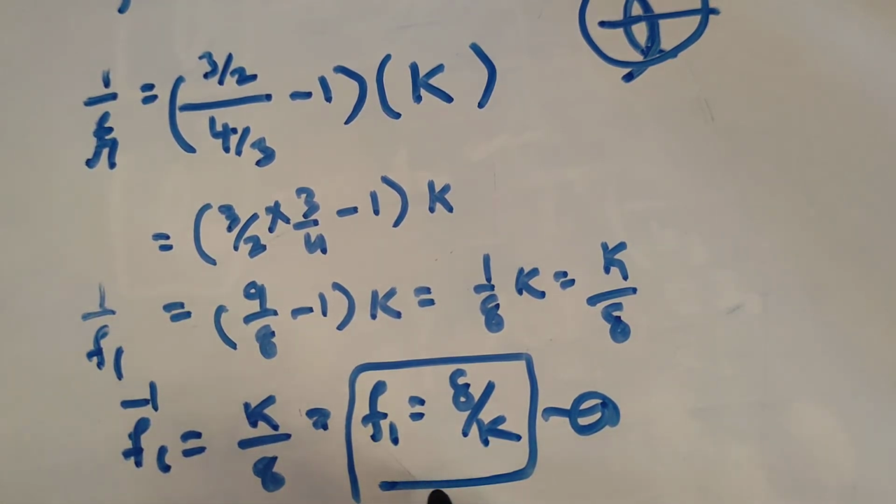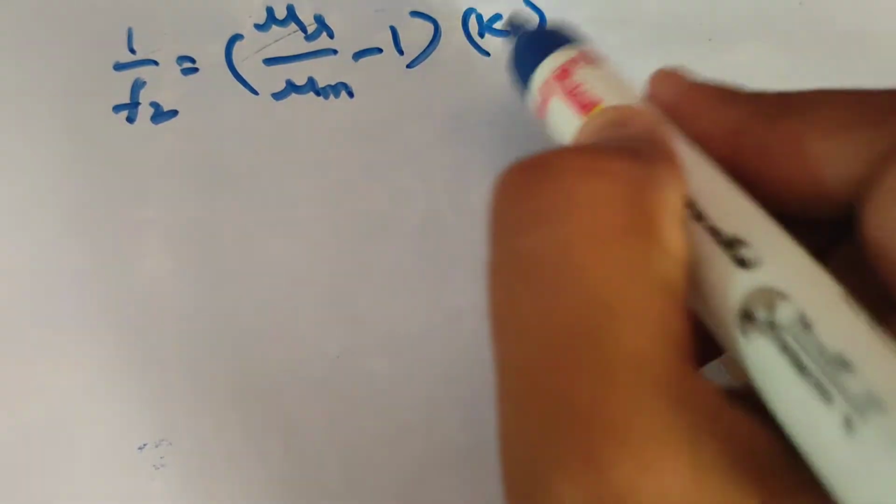Now I am going to calculate one more. If we immerse the same lens in another liquid, what happens? Here for focal length f2, 1/f2 equal to (mu lens by mu medium minus 1) into k.